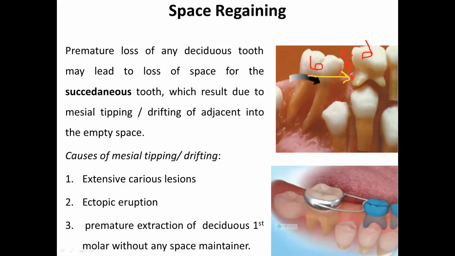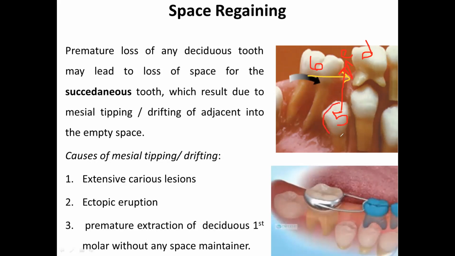The succedaneous tooth, which is the second premolar, which was supposed to erupt at its particular time, will not have enough space to erupt into the arch properly.